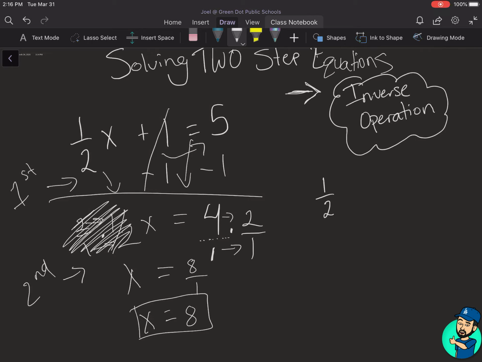So we have half of x plus 1 equals 5. Again, we found out that we solved that x is 8. Between that half and the x is a multiplication sign. Now, I'm going to write down this problem again, but substituting the x for an 8 and copy and paste the rest.